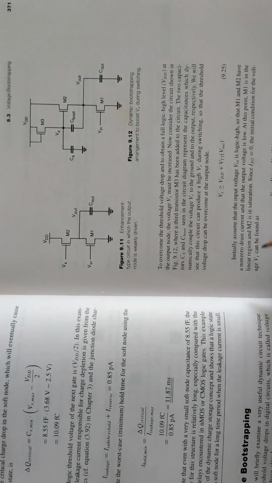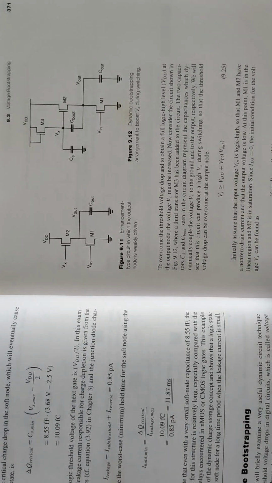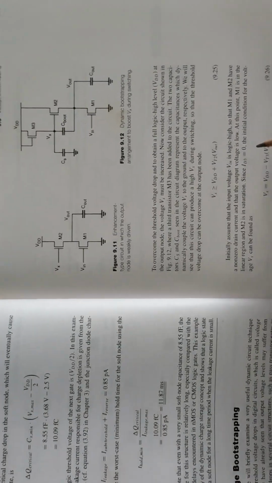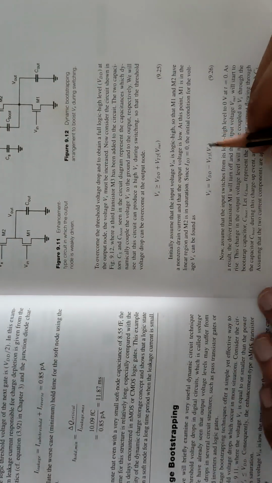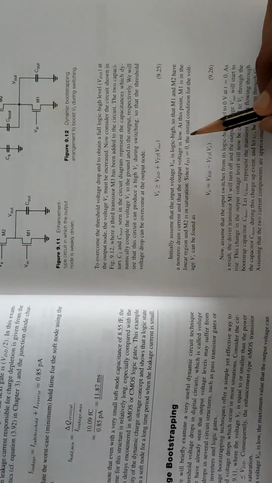Initially, assume that the input voltage Vin is logic high, so that M1 and M2 have a non-zero drain current and that the output voltage is low.